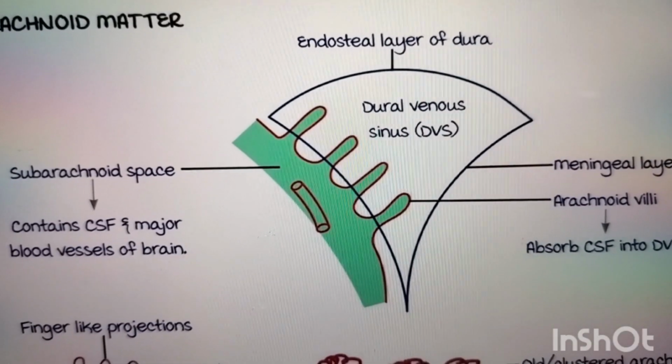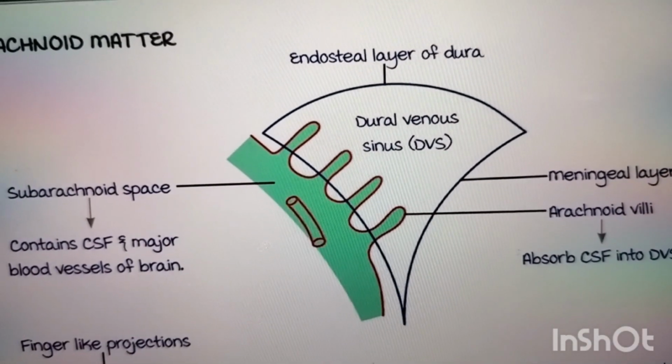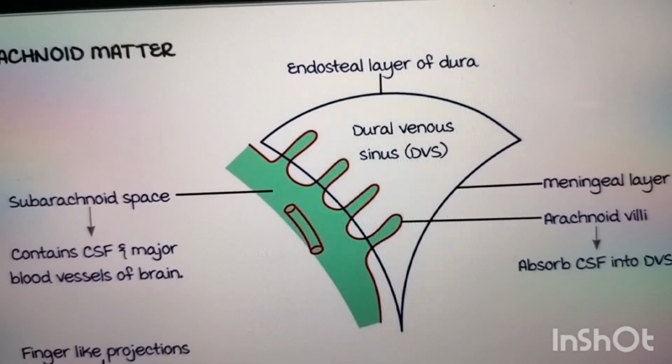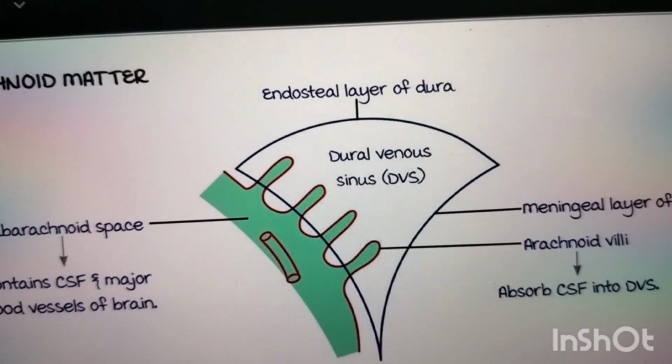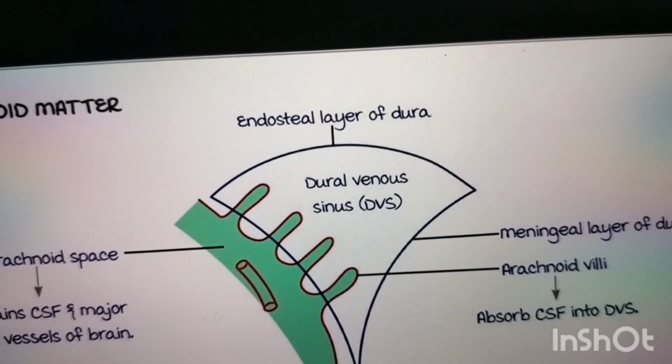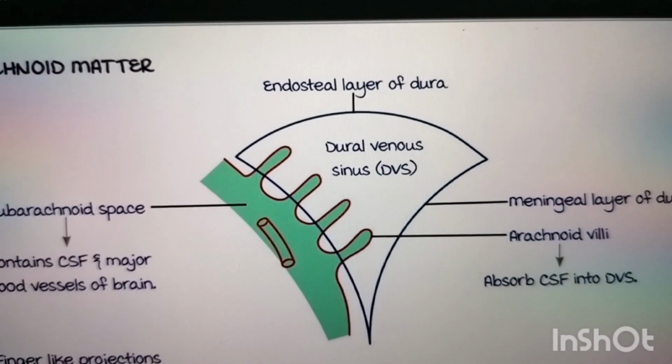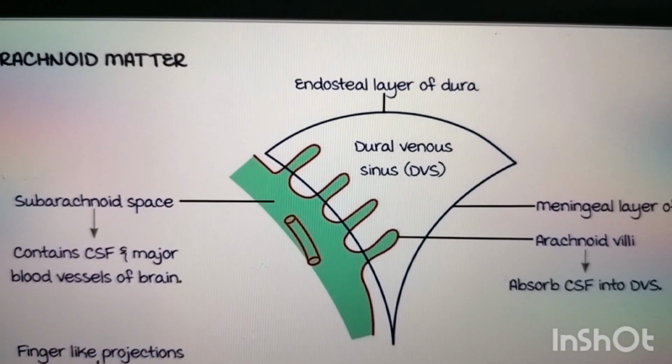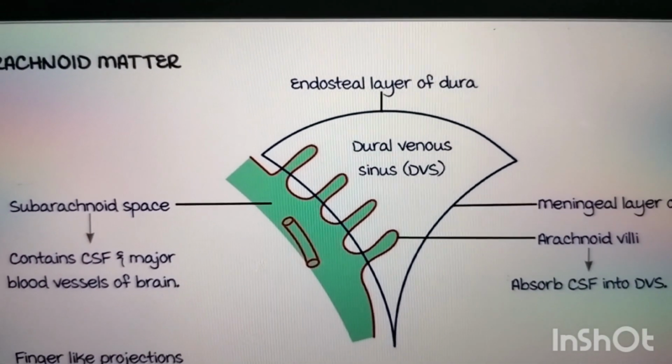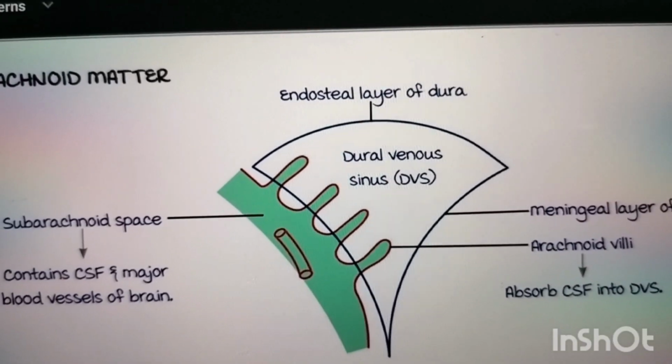And also you know that pia mater is the most faithful layer of the brain, which is always adherent to the sulci and gyri of the brain. It is not going inside the gyri and sulci, coming out, going in.